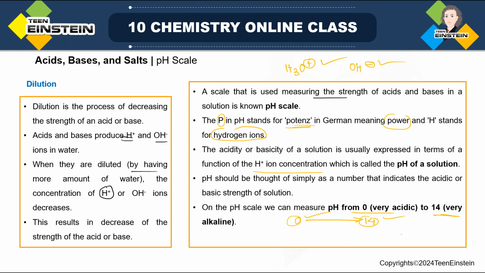Now, one more thing, it is important to know that alkaline and basic are different. Base is basically a very general term. So when I say base, not all bases can be alkali, but all alkalis are basically bases. So base is the broader term and alkali is a narrower term. Only certain bases that are soluble in water, that is, where water solubility is present, you can call alkali.